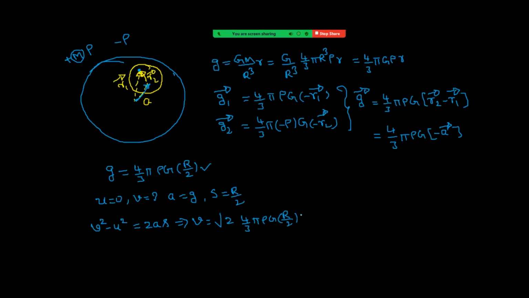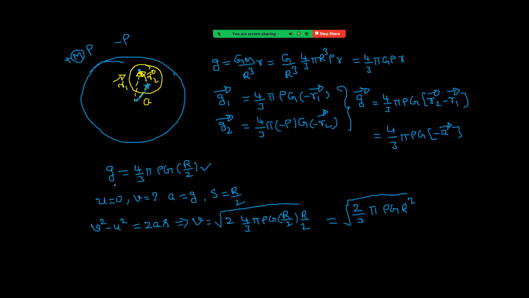S is R by 2. Now see what we are going to get. 2 and 2, 4 gets cancelled. Remaining is 2 by 3, root of 2 by 3 pi rho g R square. This is now the velocity with which it touches point A, right?